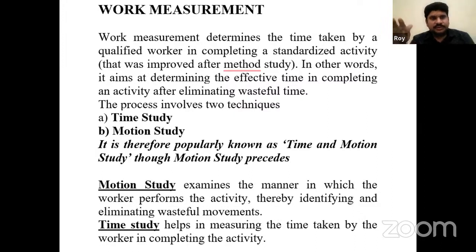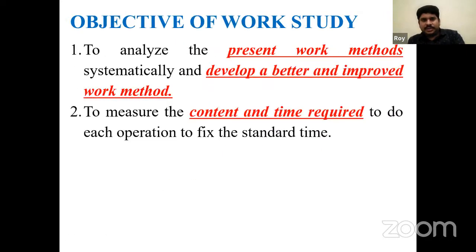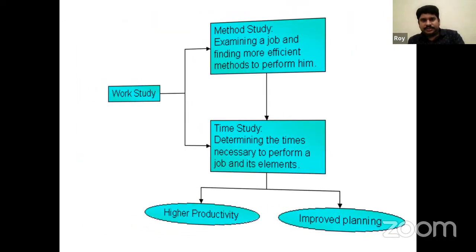Now, in the work study, what are the two things? Tell me these two headings. Under work study, what are the two things you will study? Time study, motion study. No, under that is work measurement. What is the main heading that we are studying here? Work study. Work study is divided into two things. If you forget everything, just remember this slide so that you can easily understand.